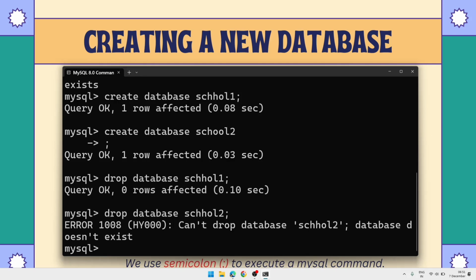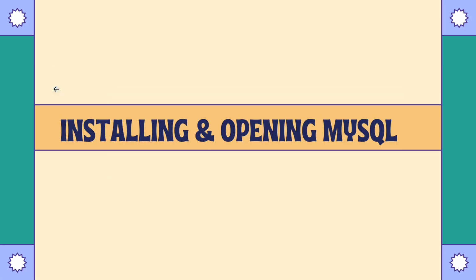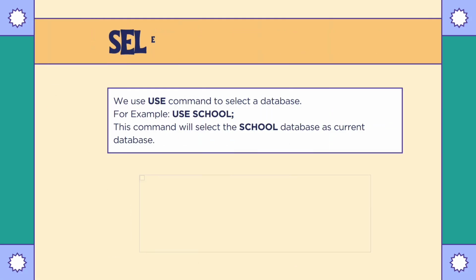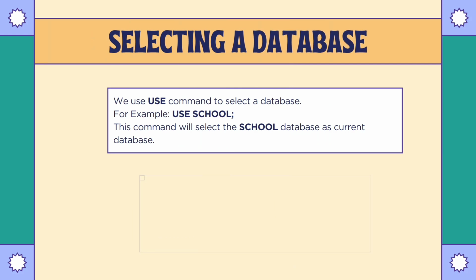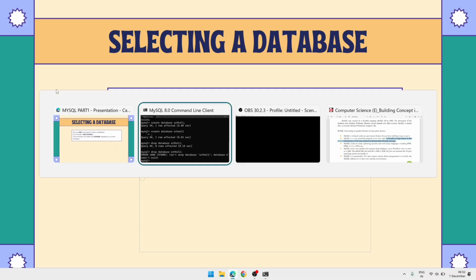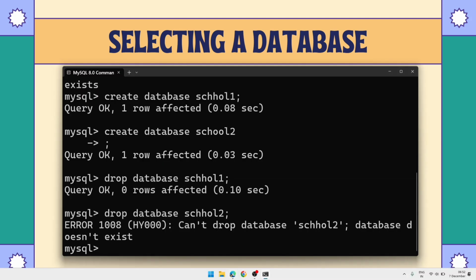MySQL server. Now how to select the database? For selecting a database we use the use command. For example, if we are going to use the school database, we will use school. But before that we have to see one more command. That command is used to see the existing databases. Suppose I am opening MySQL after a long time. I don't remember what databases are available in my computer.